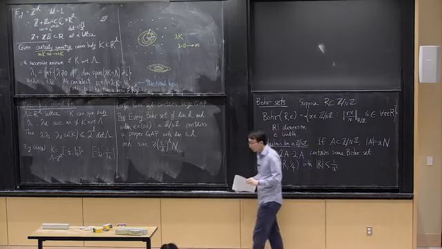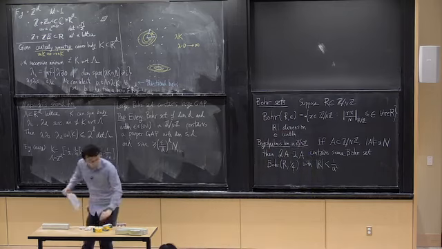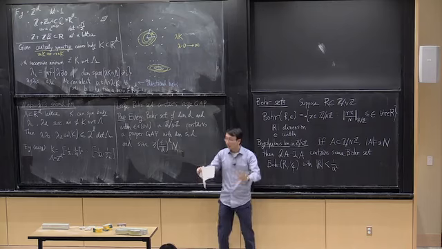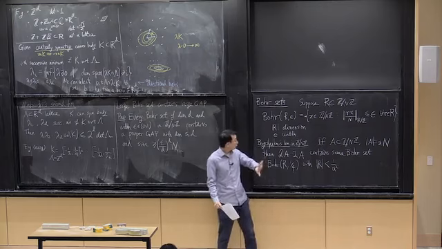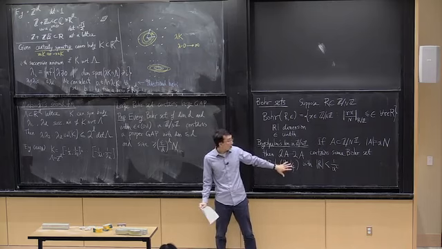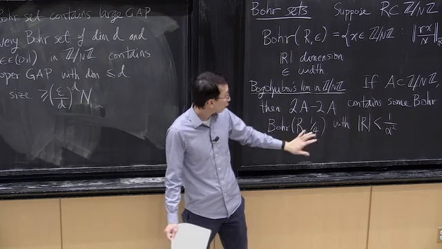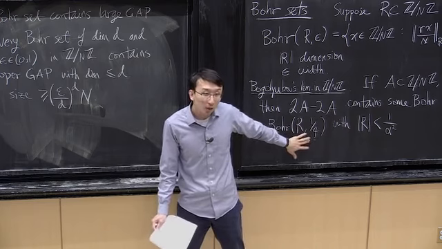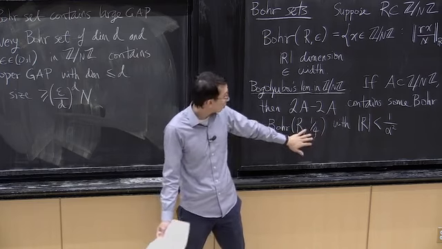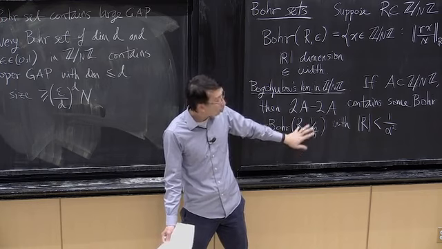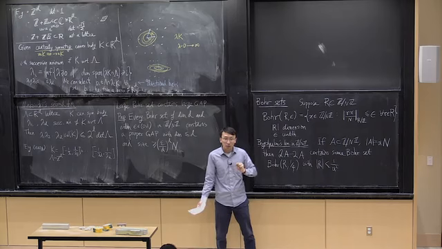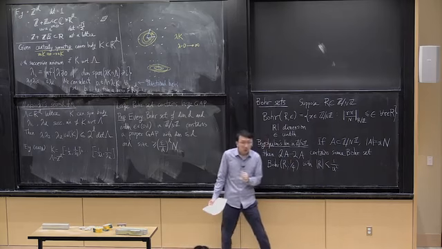Right. Okay, so just to step back a bit and see where we're going. From everything that we've done earlier, we conclude that 2A minus 2A contains a large Bohr set. Here, epsilon is 1/4, so epsilon is a constant. And r is also going to be a constant, depending on the doubling constant.